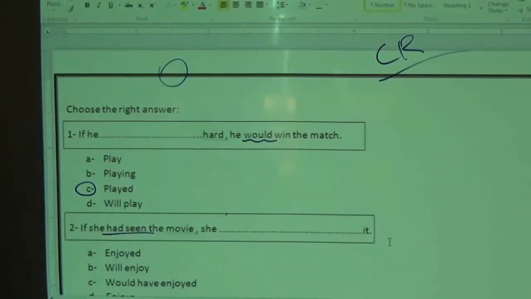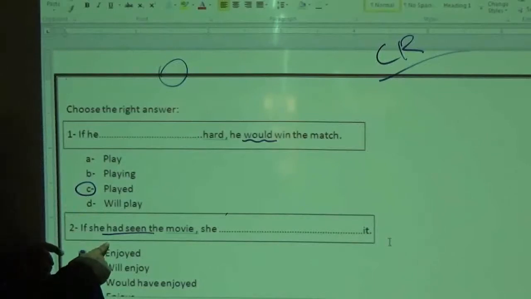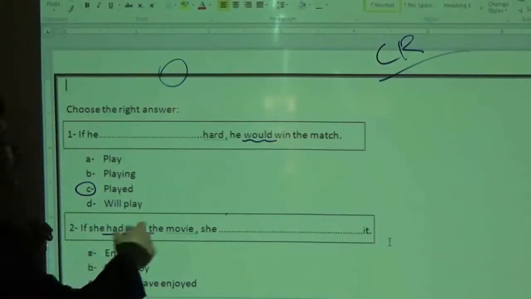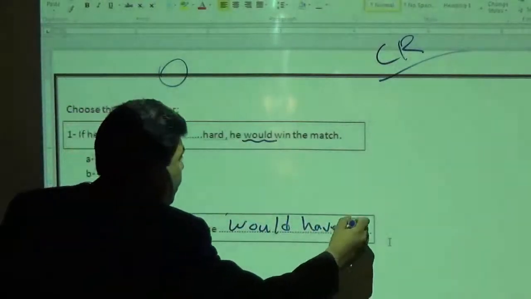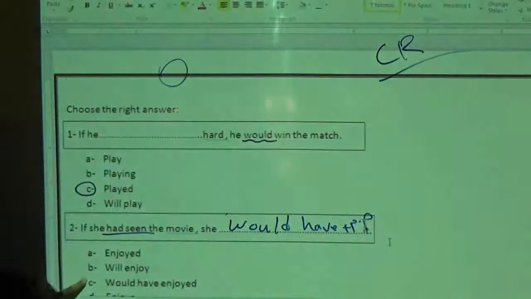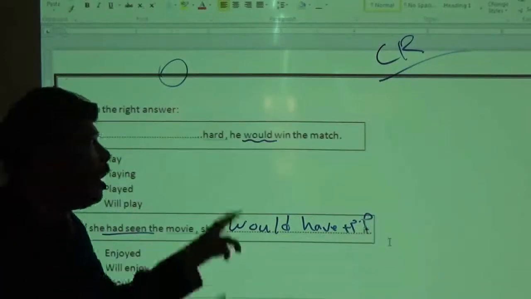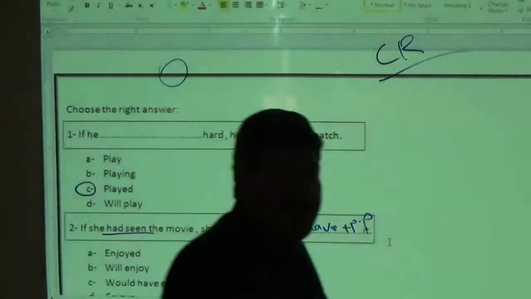This is 3rd conditional: when I have had seen, that would be 3rd conditional, would have plus PP, and this is number C. So try to look at the sentence, what part of the if he gives you and what part he is asking you to choose from. Okay?